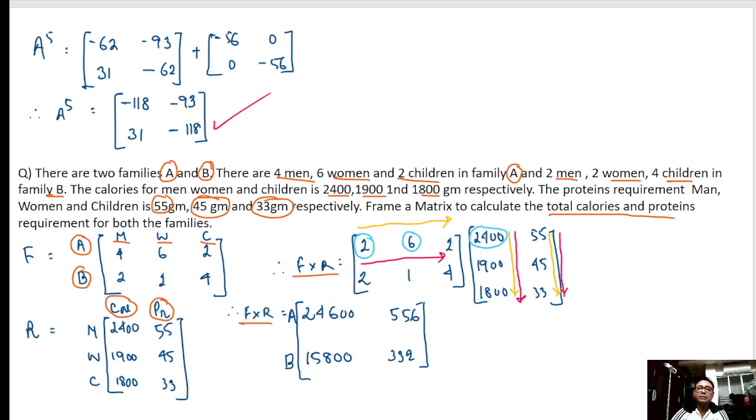Similarly, now we will do 2 into 55 plus 6 into 45 plus 2 into 33, and we will get this.